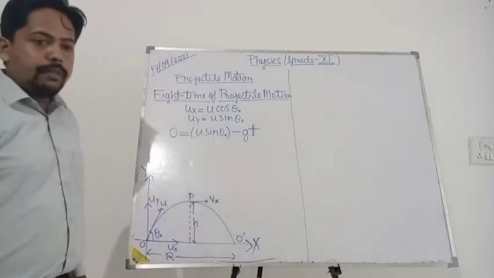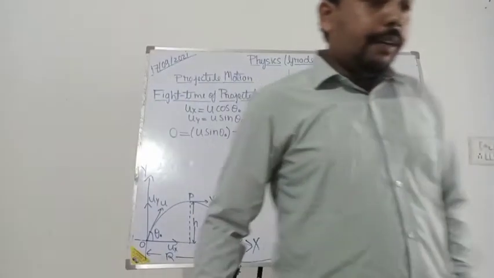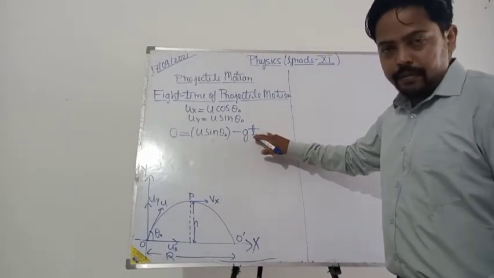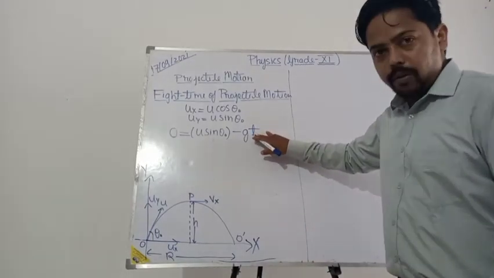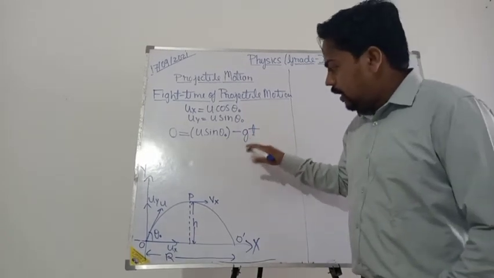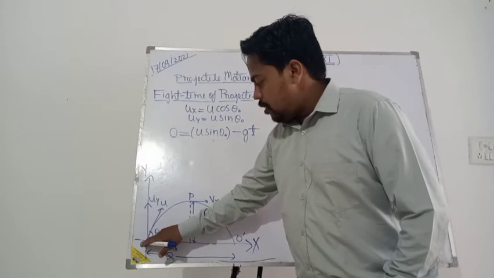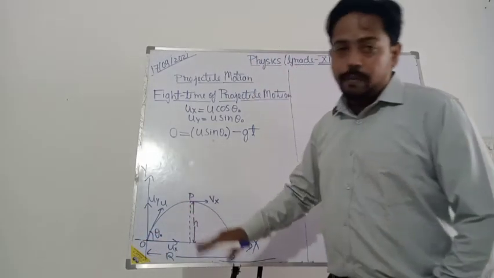This is the value we will be using here, and we are required to calculate this time t now. In this case, t is the time required for a particle to cover the distance from O to P.